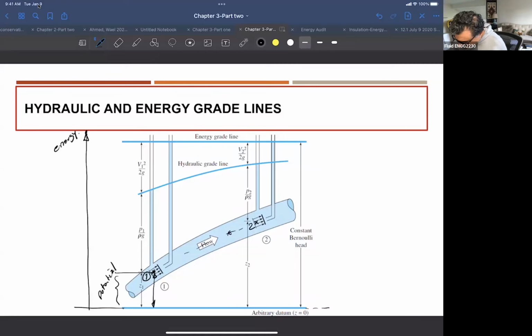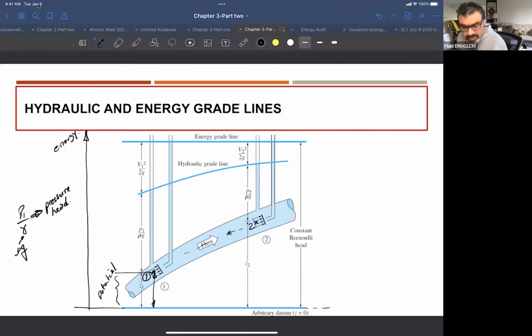Now, if I need to measure the pressure at this point, and I put a piezometer tube like this, the pressure inside this point will be P1, right? If I divide this P1 by gamma, and this gamma here is your rho times g, now I'm converting this into a pressure head.